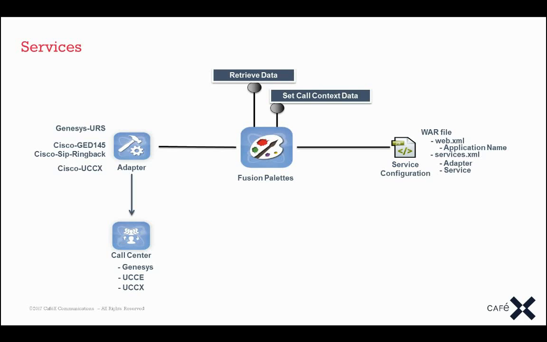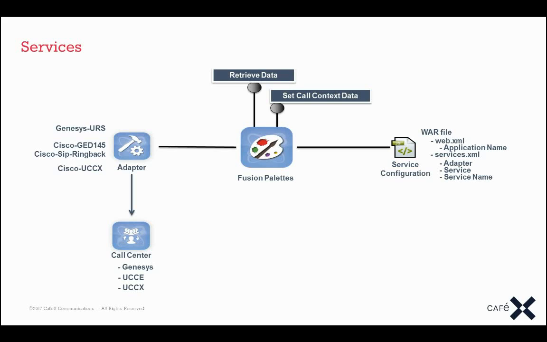The adapter may implement both the retrieve data and the set call context data interfaces. However, this particular application that's being defined here may only expose one of the interfaces. And finally, the services XML also defines a unique service name within palettes for that service.